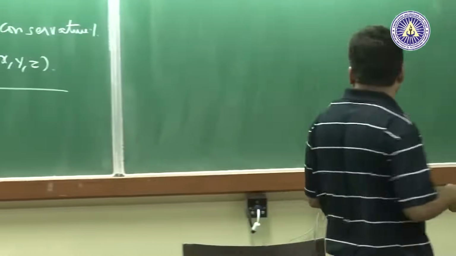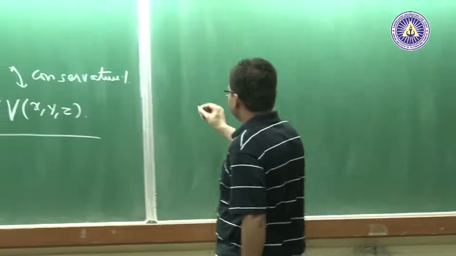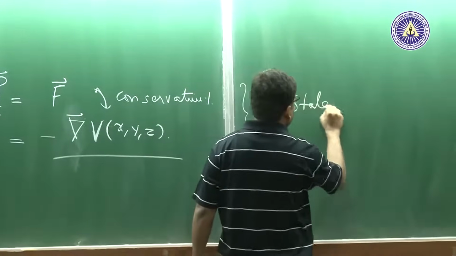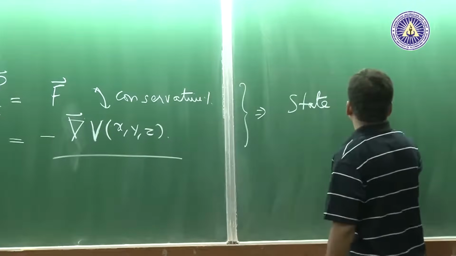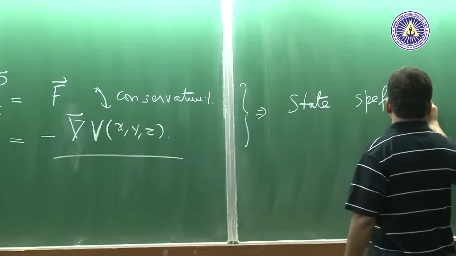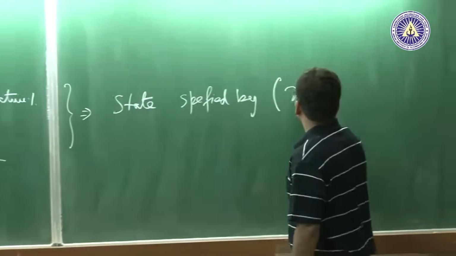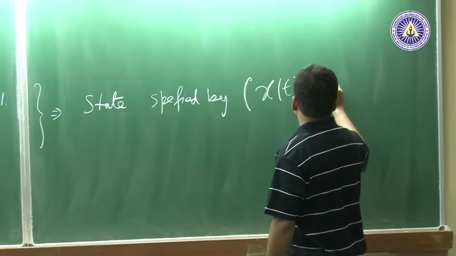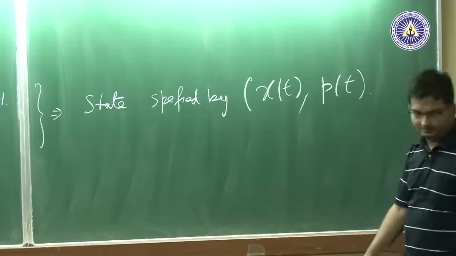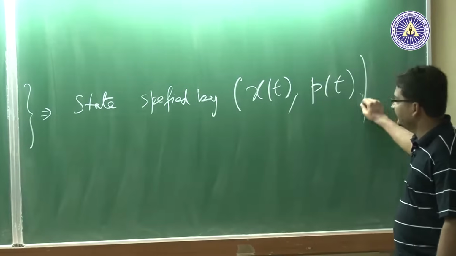So for such a system, I can have a state which can be specified by two coordinates, x of t and momentum p of t, for example.